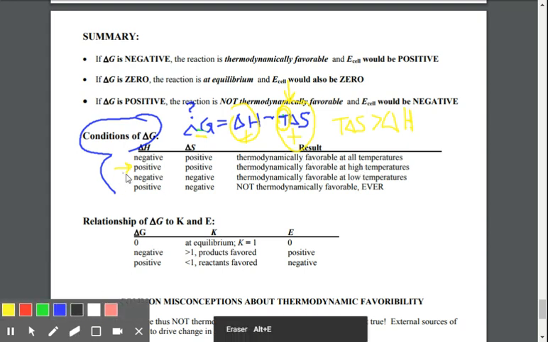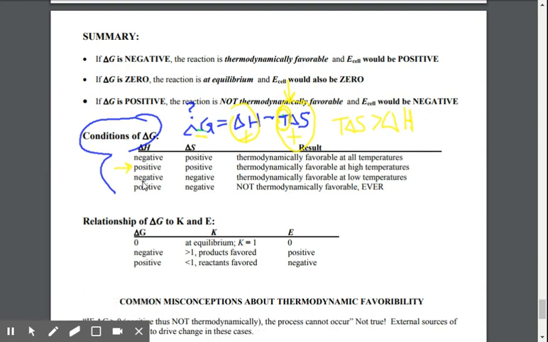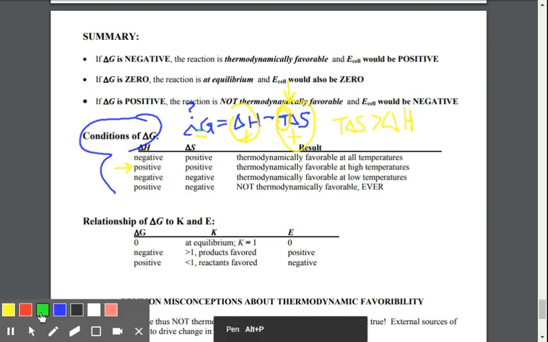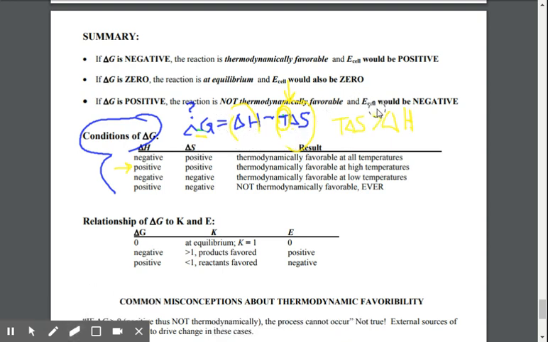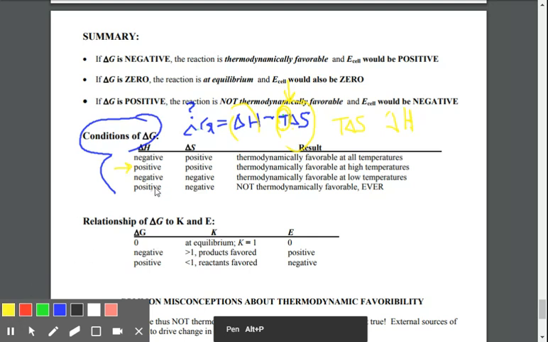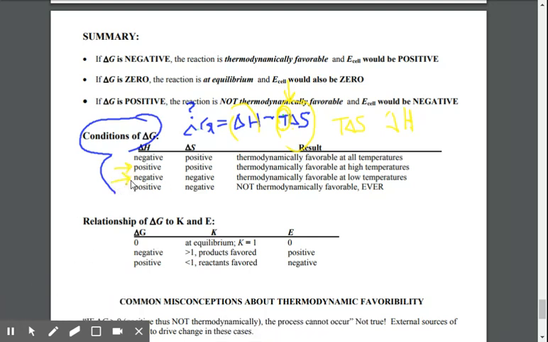If I'm dealing with a negative delta H and a negative delta S, then temperature is a factor there as well. So what we're looking at is negative delta H and negative delta S. So delta H is negative, delta S is negative as well.